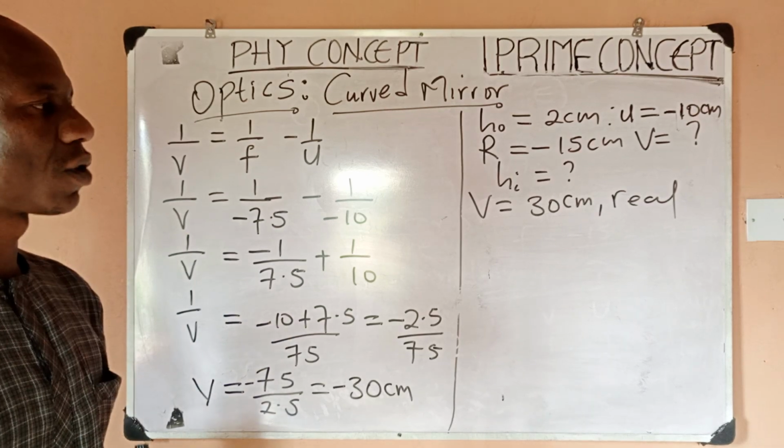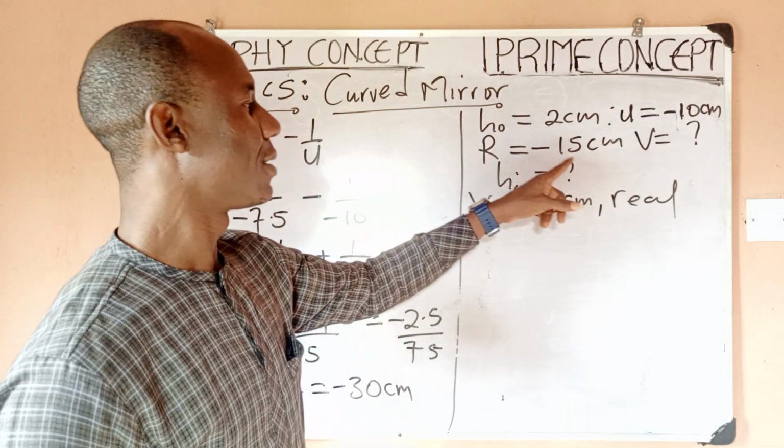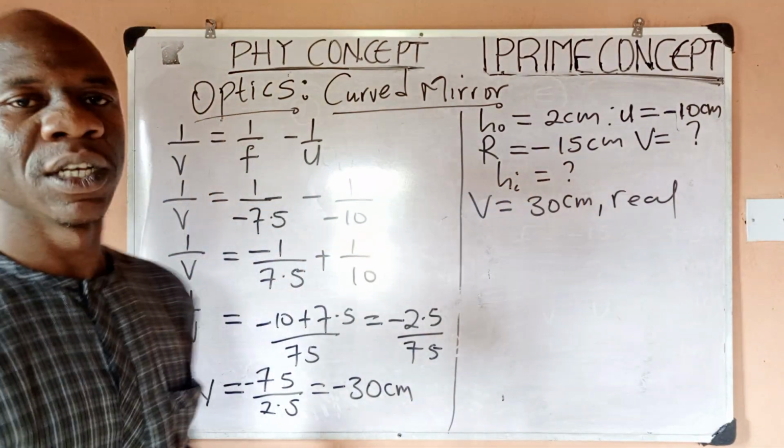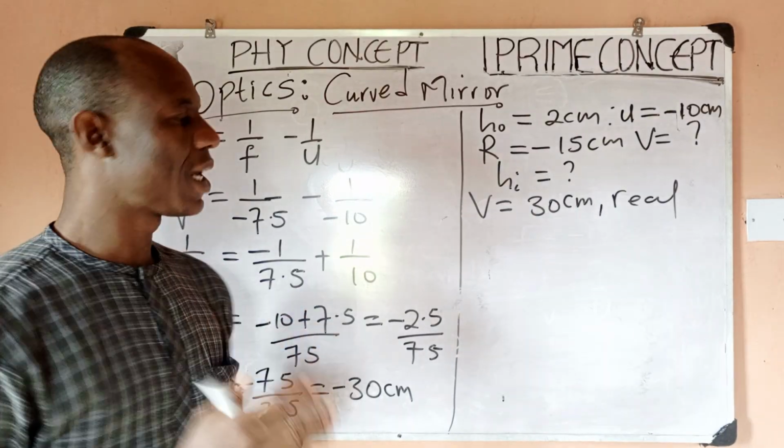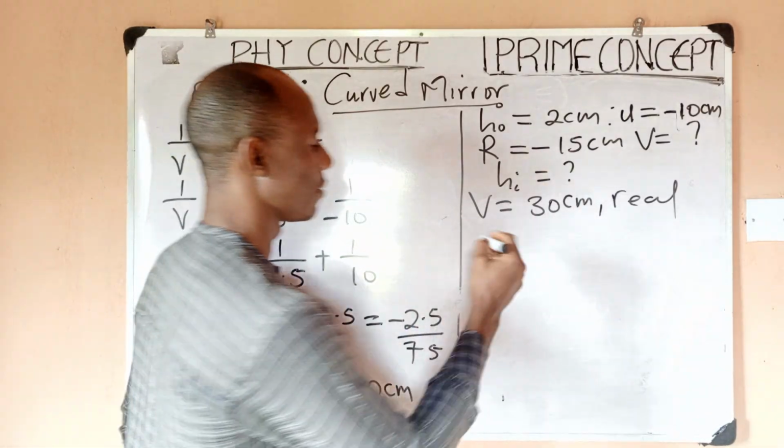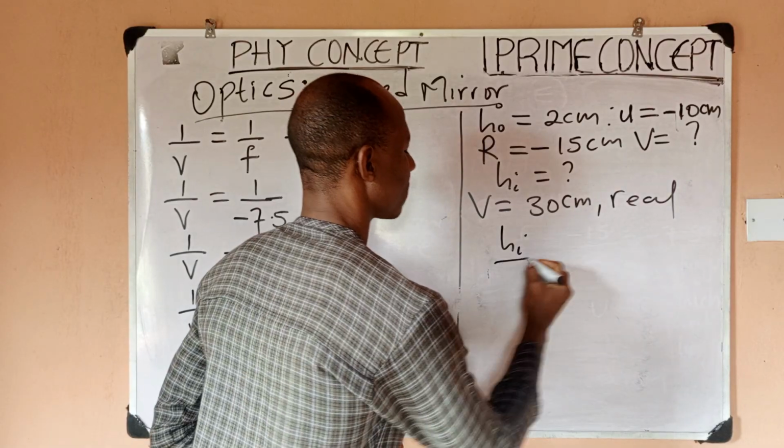The next thing they want us to calculate is the height of the image. If you recall from the formulas we derived, we arrived at a formula for magnification.